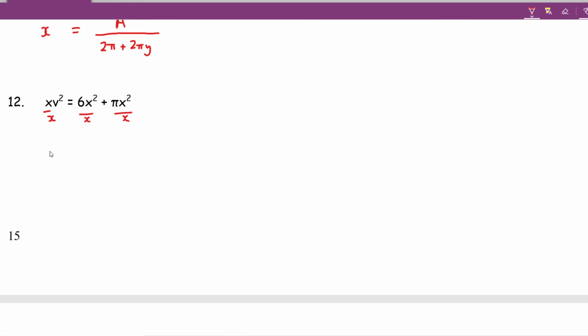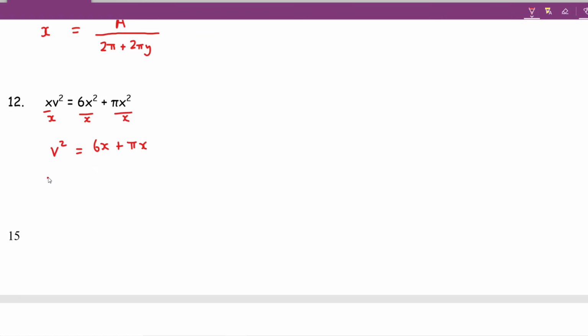So we end up with v squared equals 6x plus pi x.